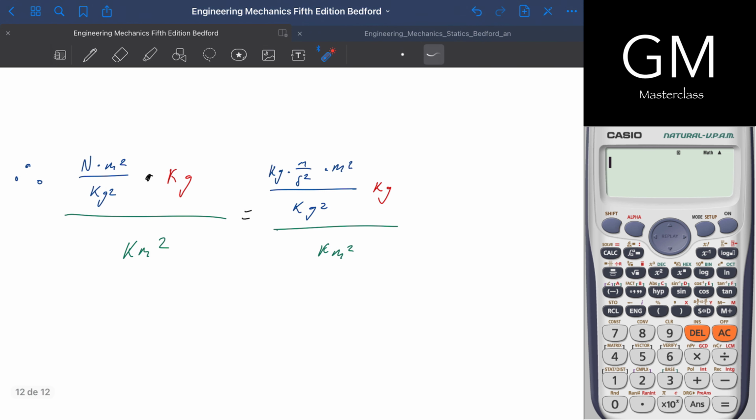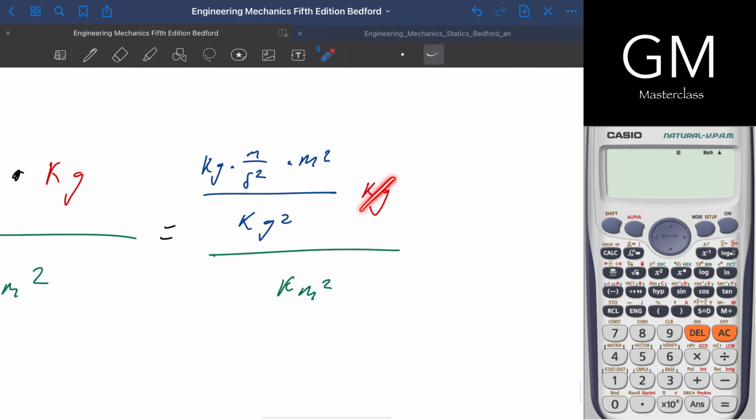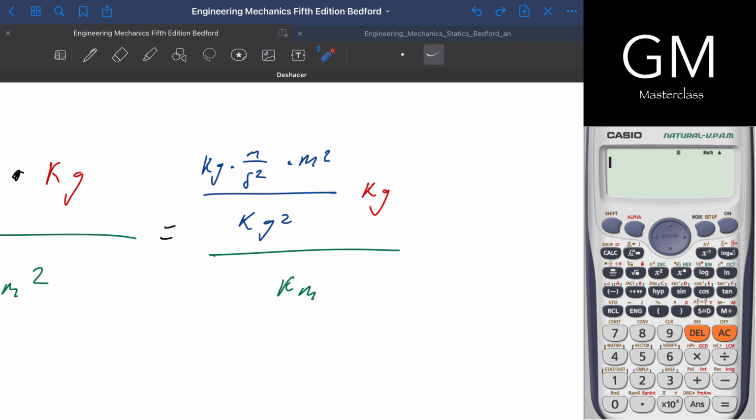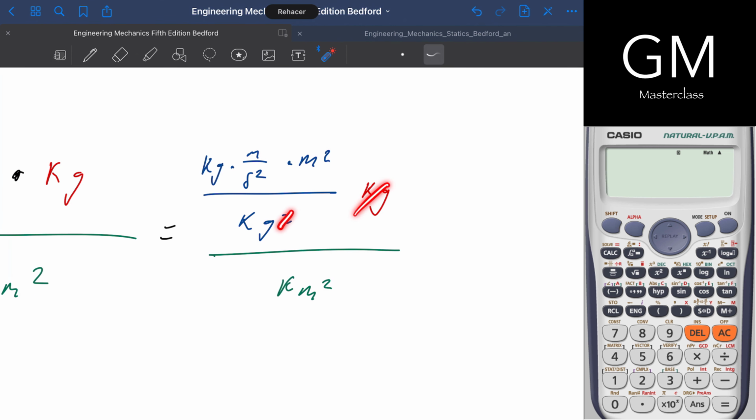Now right here I have the newtons, right here the meters, right here the kilograms, these kilograms, and these kilometers. Now I'm going to eliminate these kilograms with these 2 kilograms, these kilograms with these kilograms, and the answer will be meters to the third power, because I'm multiplying these two, divided by square seconds, and that divided by square kilometers.